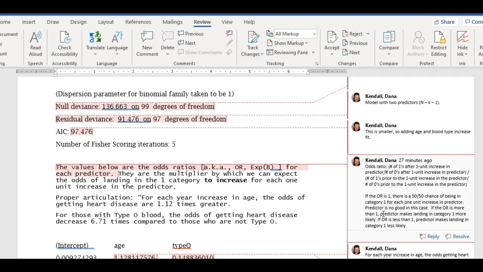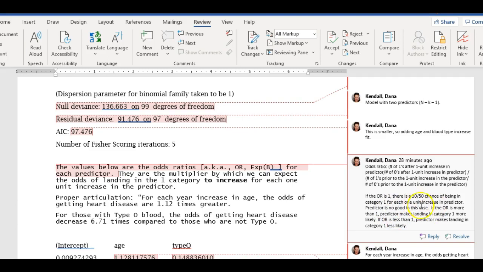All right, so for this class, understand what an odds ratio is. Understand that it's a 1 unit increase in our predictor. How does that increase or decrease the likelihood of landing in category 1? Okay, it's always about category 1, whatever that is.